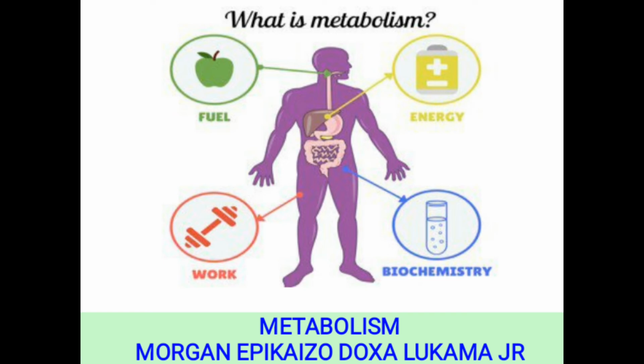As you can see on the diagram here, we've got the fuel that powers energy in the form of ATP, that is, adenosine triphosphate. Then energy is made in the liver. And then we've got the biochemical reactions under biochemistry and how all these things work within the metabolic reaction.